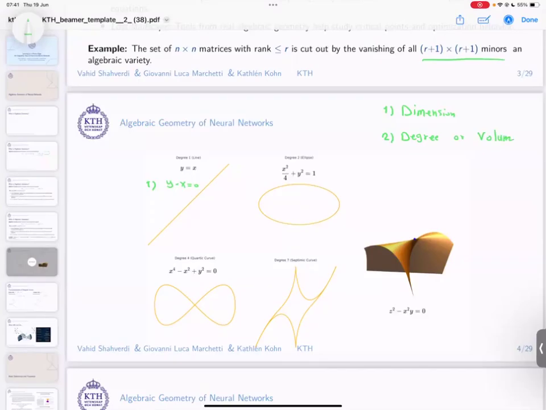As you see, when I increase the degree of these polynomials, the space becomes more complicated, in the sense that it becomes more twisted. We have a measurement in algebraic geometry to quantify the degree, or kind of volume, of that space. It measures how much your space is twisted. And the most important thing that I want to talk about, especially today, is singular points.